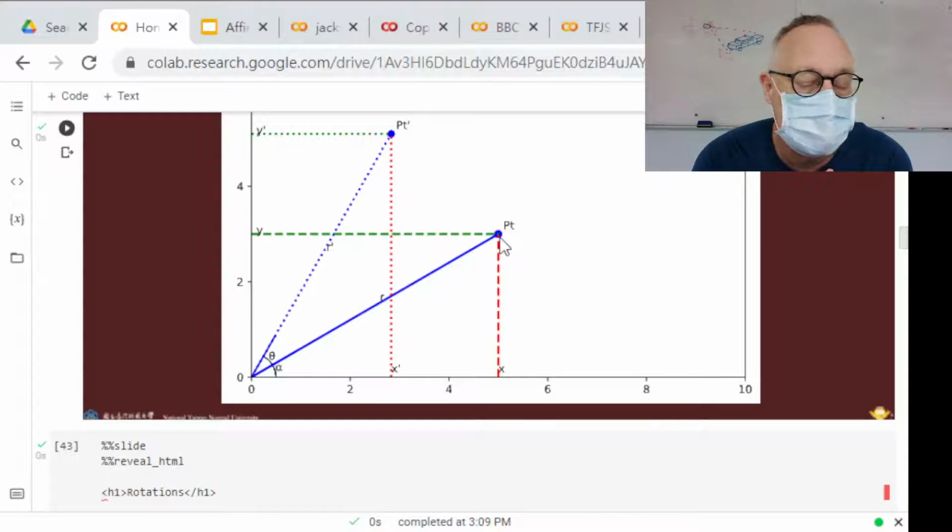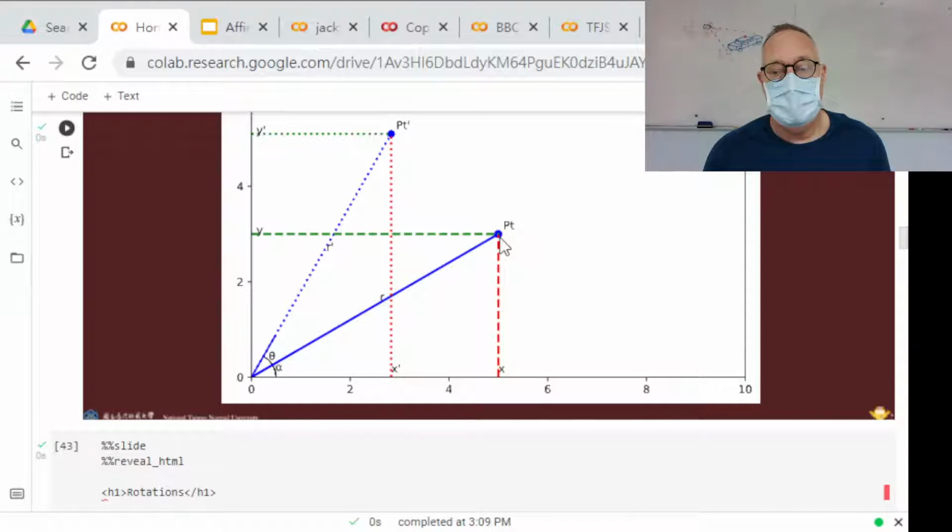Now, polar coordinates are coordinates where the position of the point is defined by an angle with the x-axis, in this case alpha, and a distance r. Right, so this point here would have an angle of 0 degrees with the x-axis and a distance of 6. And this point here would have an angle with the x-axis of 90 degrees and a distance of 4. This point here would have an angle of 45 degrees and a distance of 3.